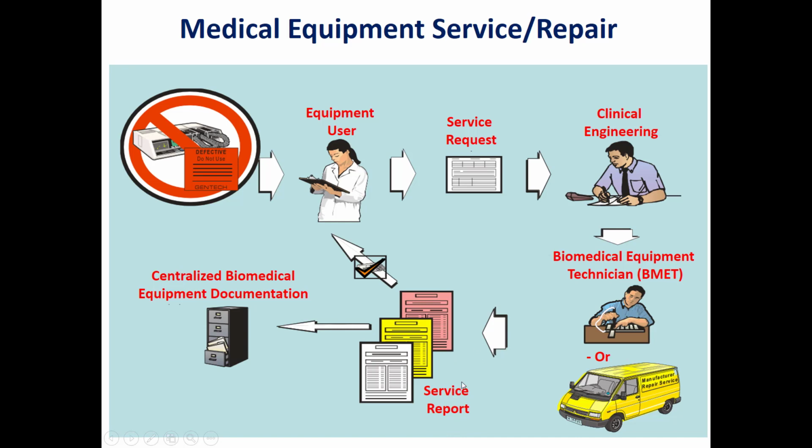After that, a service report will be generated which should close the work order generated by this service request. A notification will be sent to the equipment user about the equipment being safe and able to be in service again. And finally, documentation should be done in the centralized biomedical equipment documentation.